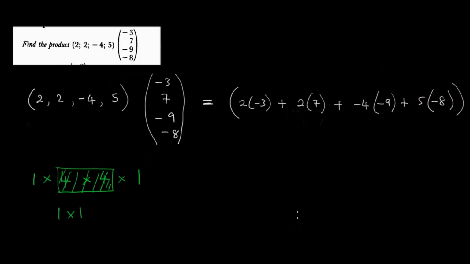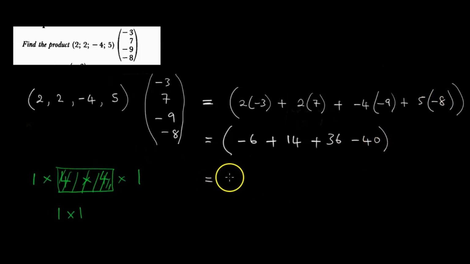Everything chawana chekumecha nacho. This is equal to 2 times minus 3, that's minus 6, plus 2 times 7, 14, then minus 4 times minus 9, 9, 18, 27, 36, kureva kuti apo it's going to be plus 36, and 5 times minus 8 and minus 40.